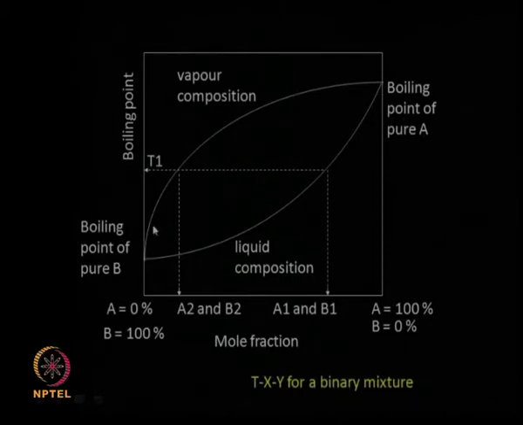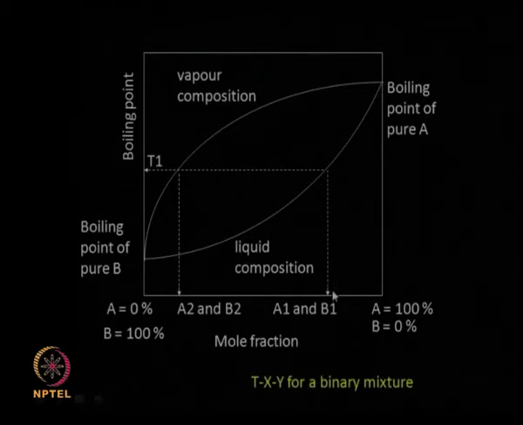Now this graph corresponds to vapor, this corresponds to the liquid composition, this is called a TXY binary diagram. So if you take one point here, this is at a temperature T1, and then you project it down, and then go again to the liquid and project it down.